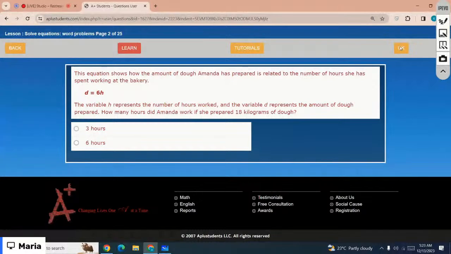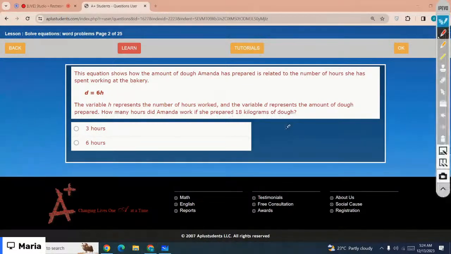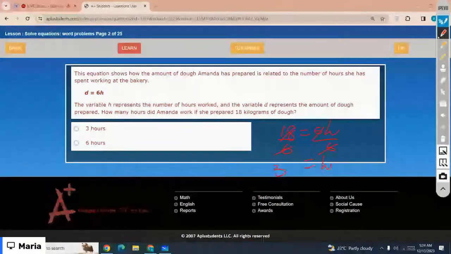How many hours did Amanda work if she prepared 18 kilograms of dough, right? So how much dough she prepared, that is D equals 18, right? So just replace the D with 18 in the equation and solve the equation. That is 18 equals 6H. In 3 hours she can make 18 kilograms of dough. The correct option is 3 hours, right?